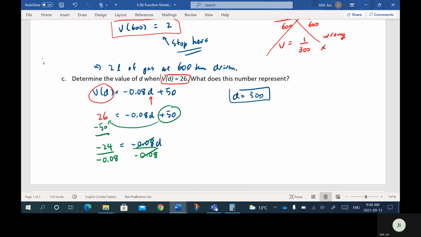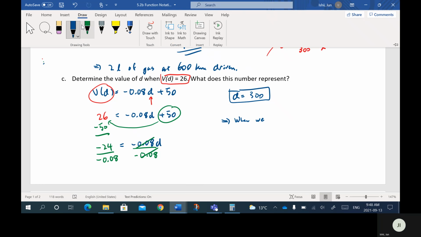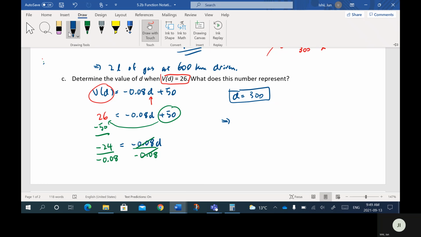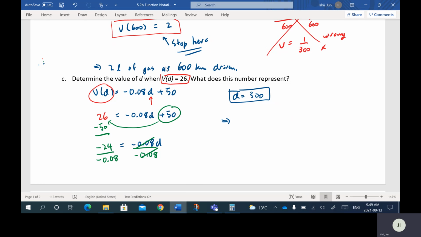So to answer the second part of this question, what does this number represent? Sorry, let me rewrite that. Please forgive me. Let's try this again. V of D is 26.